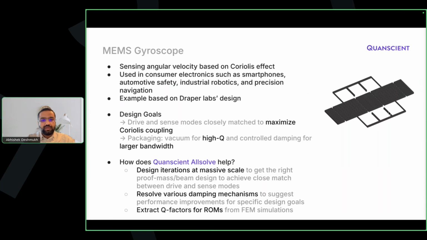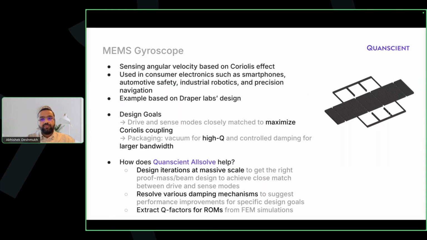What I list here are two potential design goals that one can think of. The first is maximizing the Coriolis coupling. What that means is that you try to match the drive and sense mode frequencies so that they are coupled together very well, so that the sensitivity of your device is increased. And the second goal could be packaging.